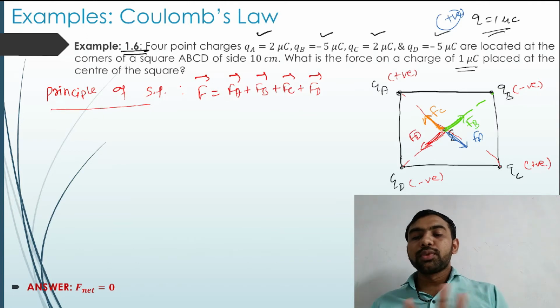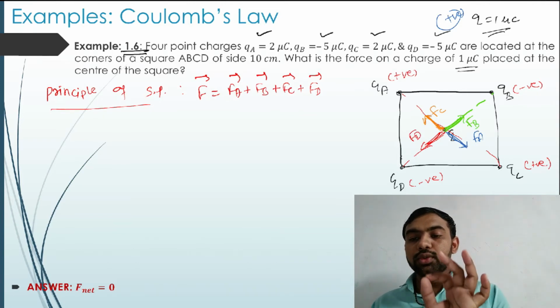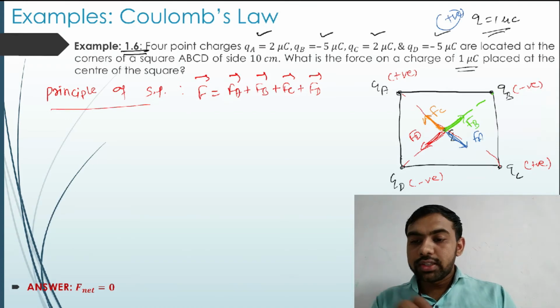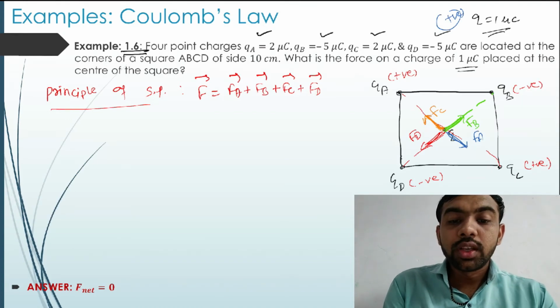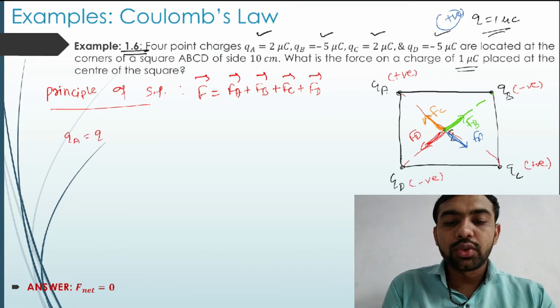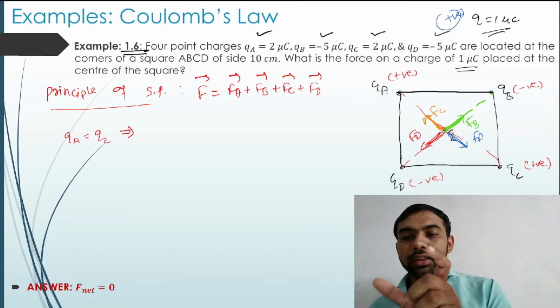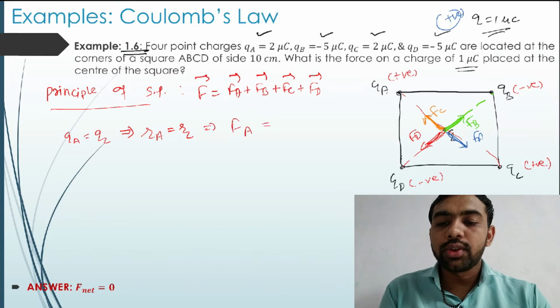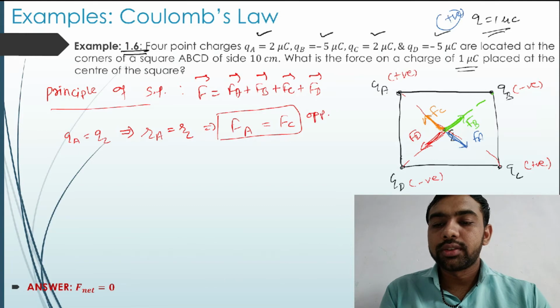In this way, the forces on Q are like this: FA, FB, FC and FD. But if you consider this situation, QA is equal to QC and it is a square, so the distance is also the same, meaning RA is equal to RC. It means force A in magnitude is equal to force C in magnitude, opposite in direction.